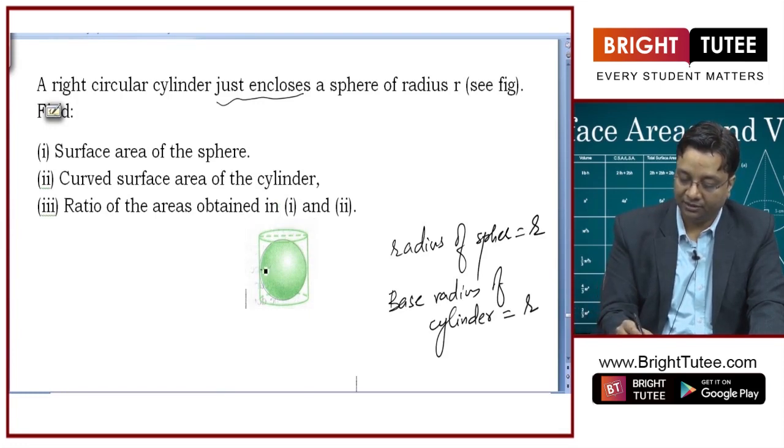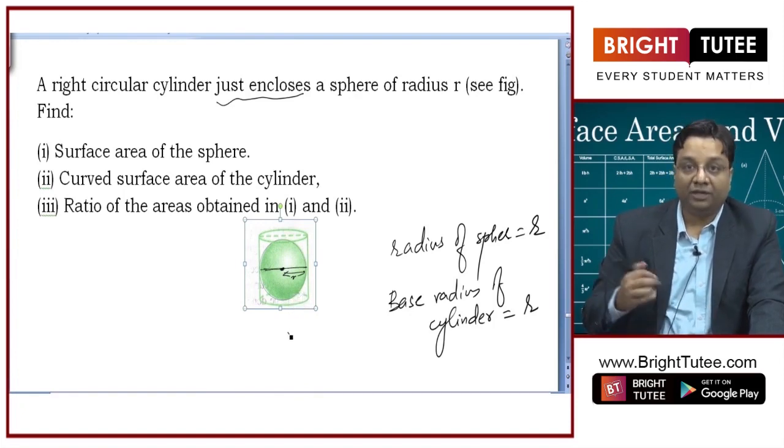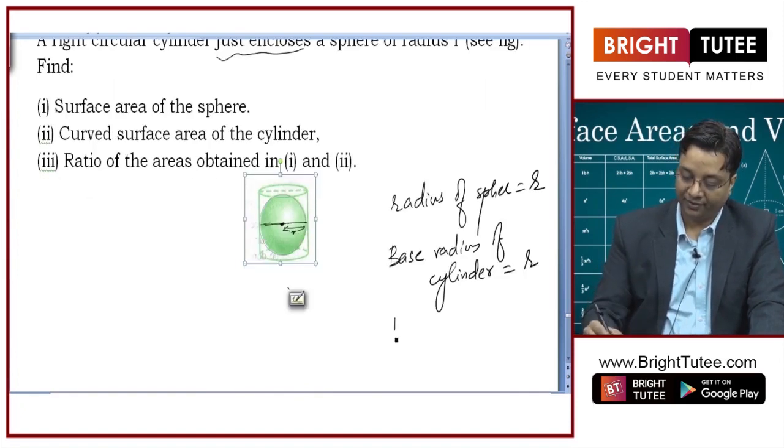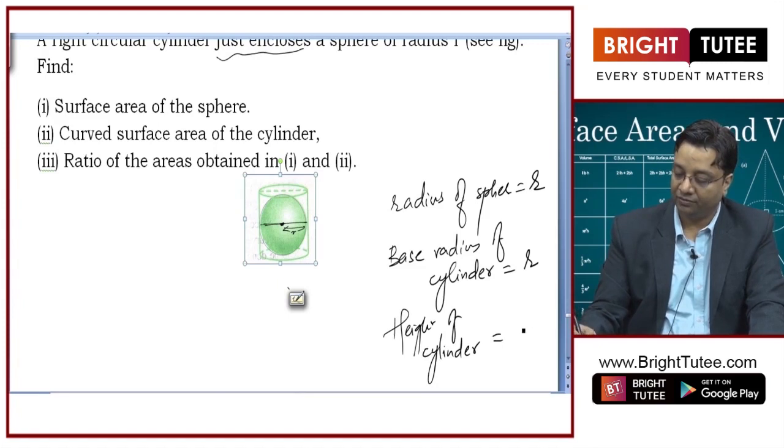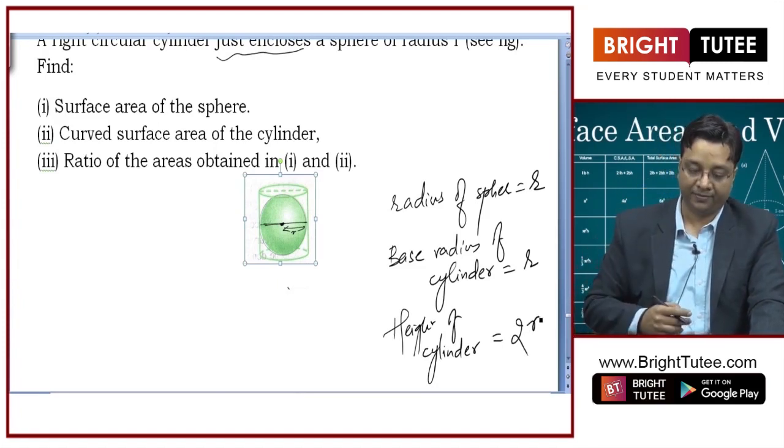If you look at this, if this is r, the base radius of this cylinder will also be r, all right. And what will be the height of this cylinder? Height of cylinder, as you would have guessed it by now, will be twice of r. It will be equal to the diameter of this sphere.